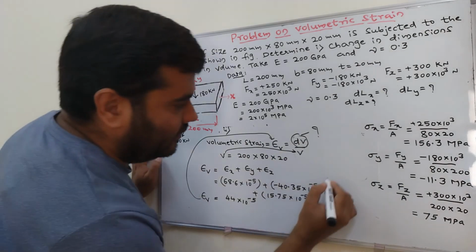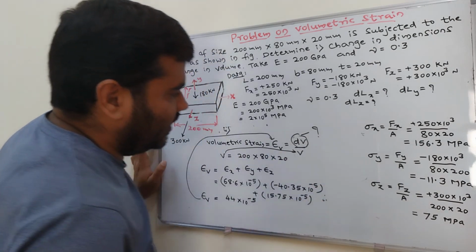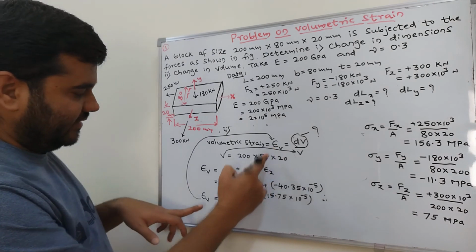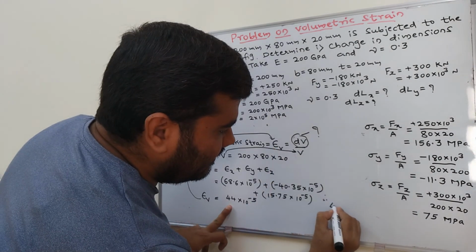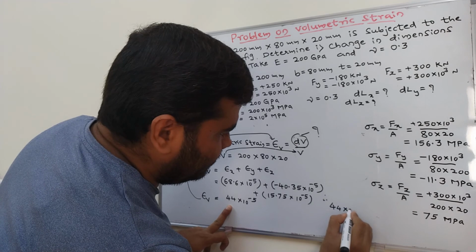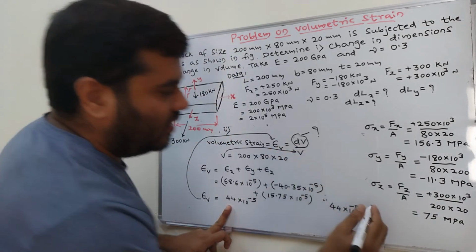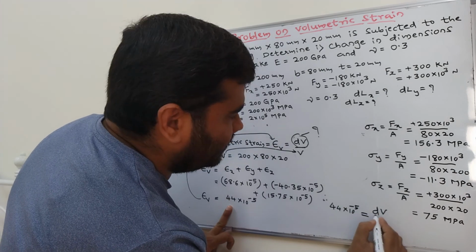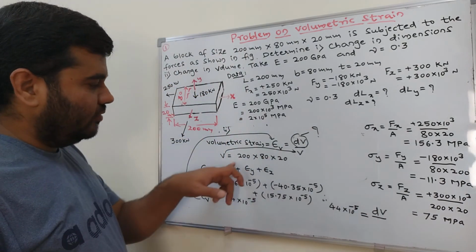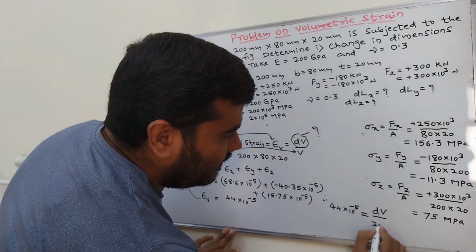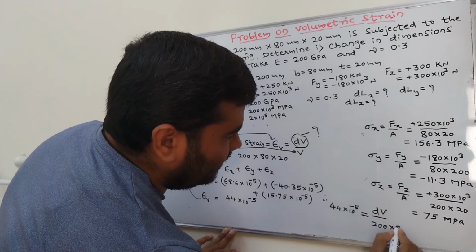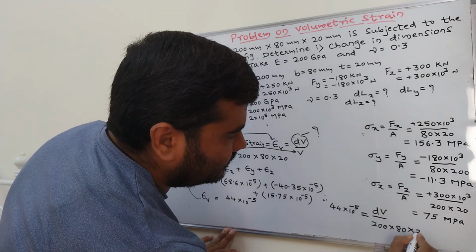Therefore, on the left side, 44 into 10 raised to minus 5 equals the change in volume divided by the original volume, 200 into 80 into 20.